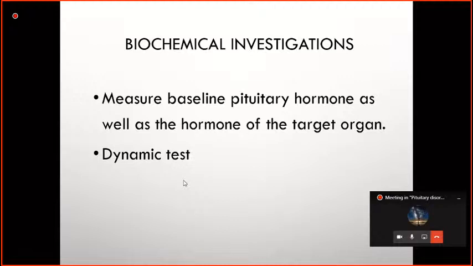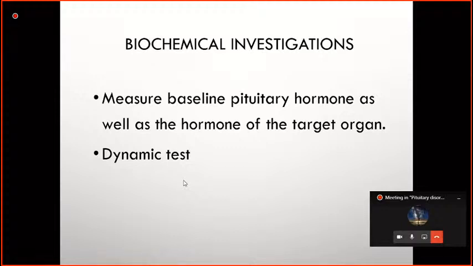So for example, if you see some deficiency in the production of a certain pituitary hormone, maybe this pituitary gland might still have some reserve of cells that can still produce hormone with a little bit more of a stimulatory trigger.